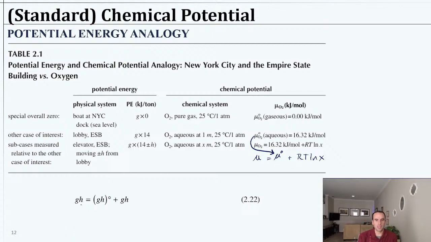And you'll see that if we took the potential energy example, the G times H, that's the gravity times height, and we changed the height, all we have to do is look at the standard to know what we are at currently, and maybe it would be good to say current or something. Saying it this way, where these two look to be the same value, is kind of confusing, right?